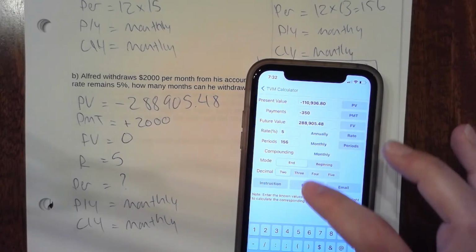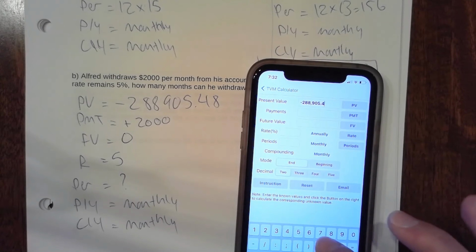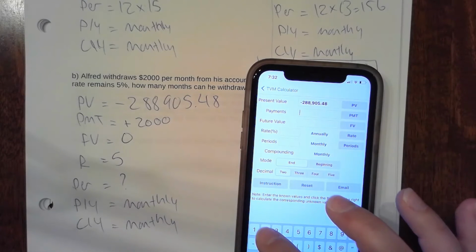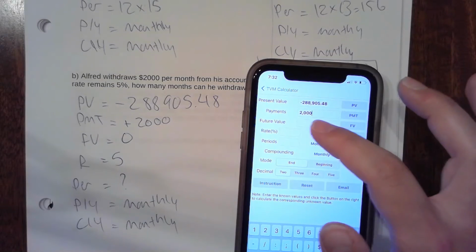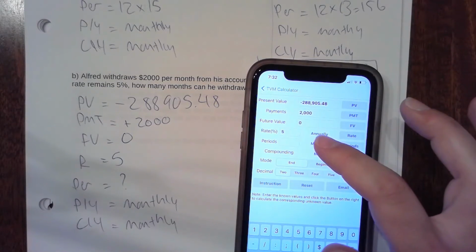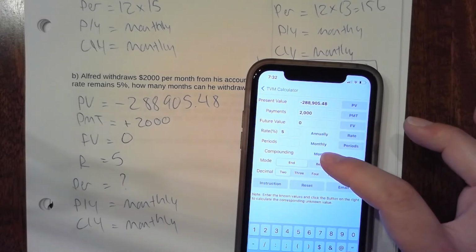So let's do this here. Maybe I'll just reset because there's lots of different numbers. Payments, 2,000. Periods is what I don't know.